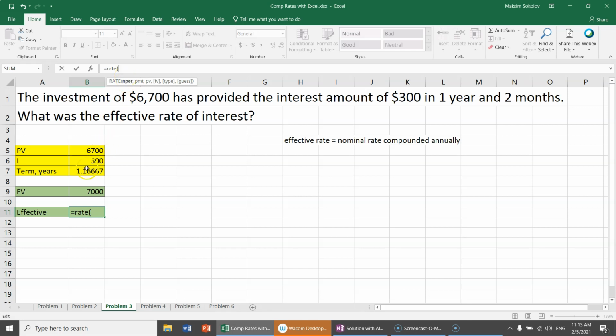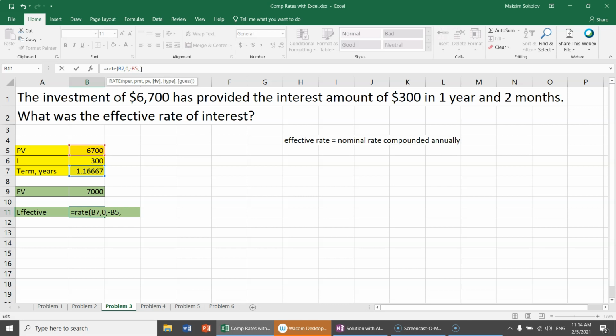So the number of periods in this case will be in cell B7, 1.167 years. Then the payment, which is 0 in this case, present value is going to be in B5. We'll put a negative sign in front of the present value, meaning that that will be the amount outgoing.